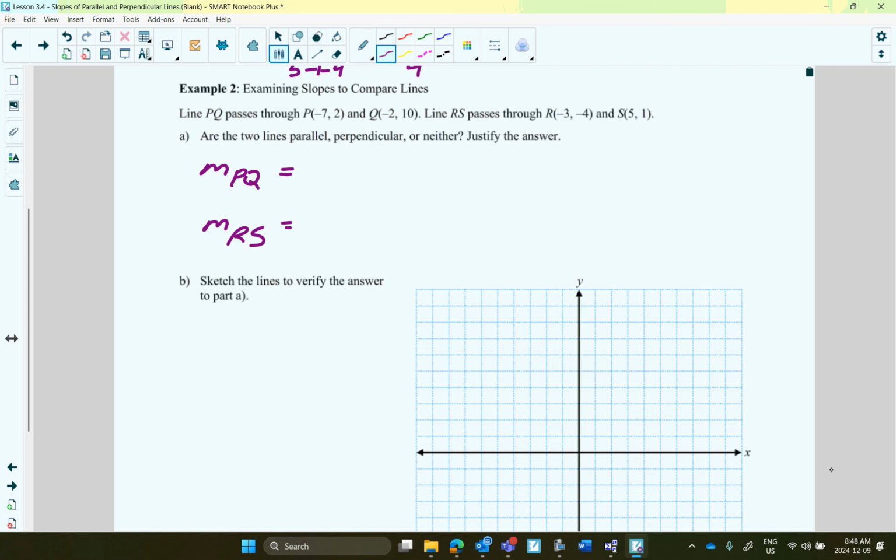So PQ will be 10 minus 2 over negative 2 minus negative 7, which turns out plus 7. So that gives me 8 over 5.